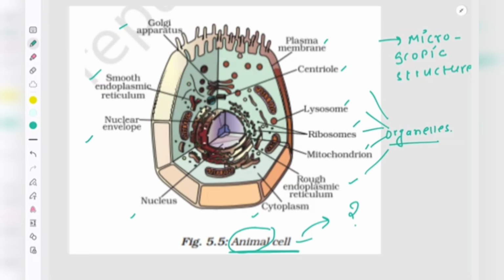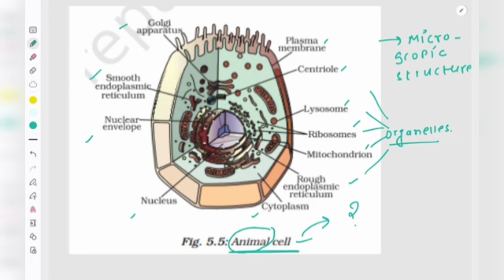At the same time you must have some place where you do your prayer and all. In our school it was called the MP hall, multi-purpose hall. Just like that, you have all these different places in your school for different functions. Just like that, in our cell we have different types of organelles, and these organelles perform specific kinds of functions. What are these functions? That is something we will be discussing.